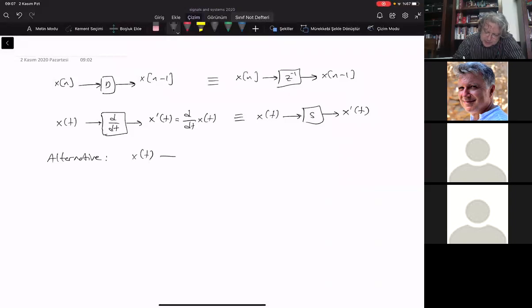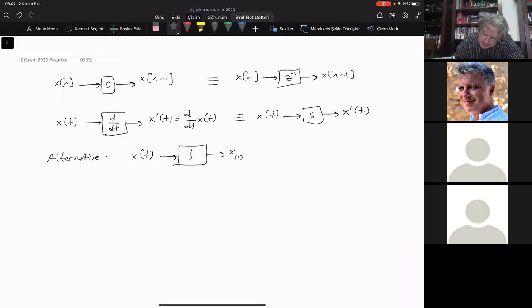X of t goes into a system which is actually an integrator. Let me put an integral sign over there as if I'm integrating the input. And the output is x sub, let me look at my notation. Do I put it in parentheses?